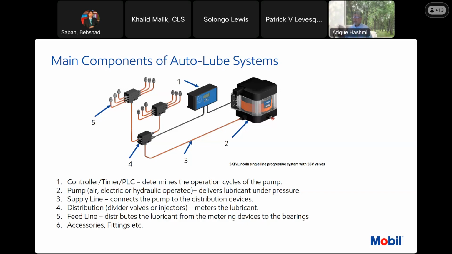You have to take a look at different things because the biggest disadvantage of this parallel progressive system is that if, for example, if you see my cursor, if this outlet is blocked, it will block the whole system. Regardless of how many divider blocks you have in the system, it will block the whole system because they depend on each other.